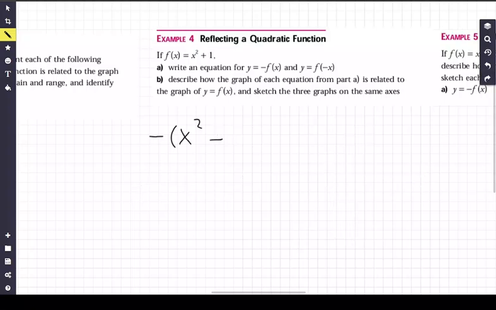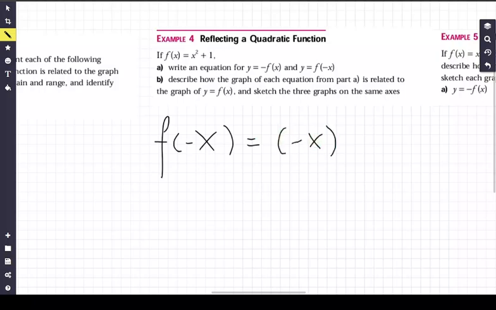Now let's see how negative f of negative x plays out. We're going to change an x into a negative everywhere we see an x. So let's go ahead and try that. This is going to be negative x squared plus 1.